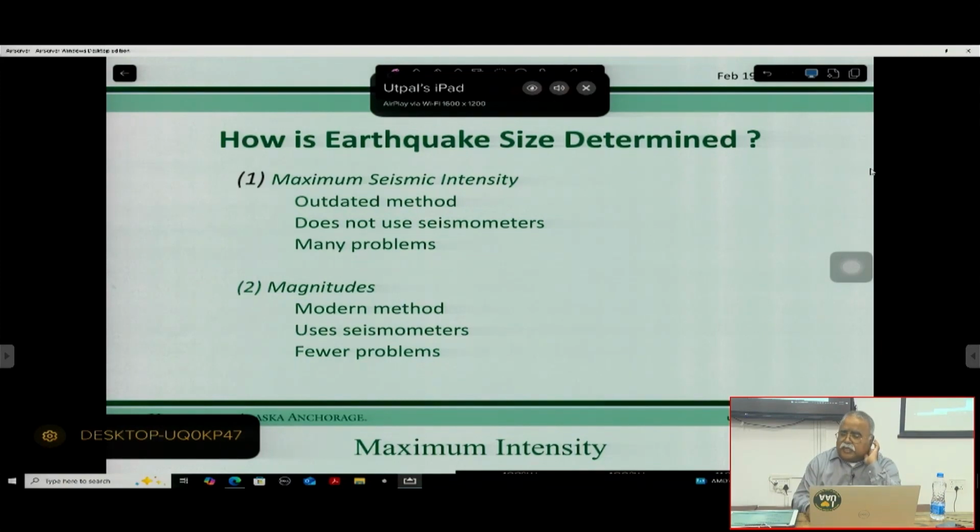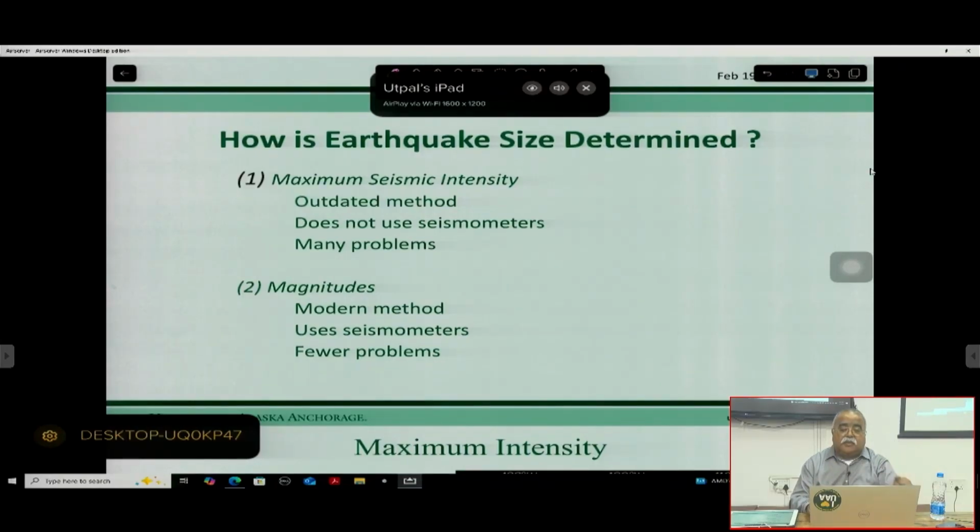So the intensity scale or the modified intensity scale, these are mostly outdated, and they do not involve any seismometers or any instrument for this measurement.